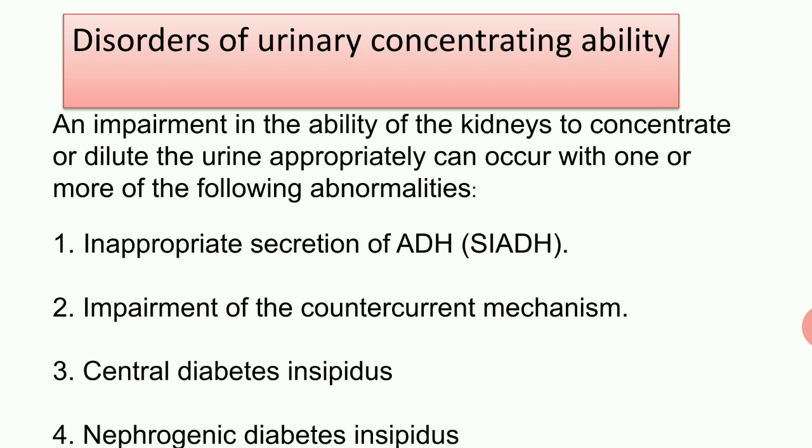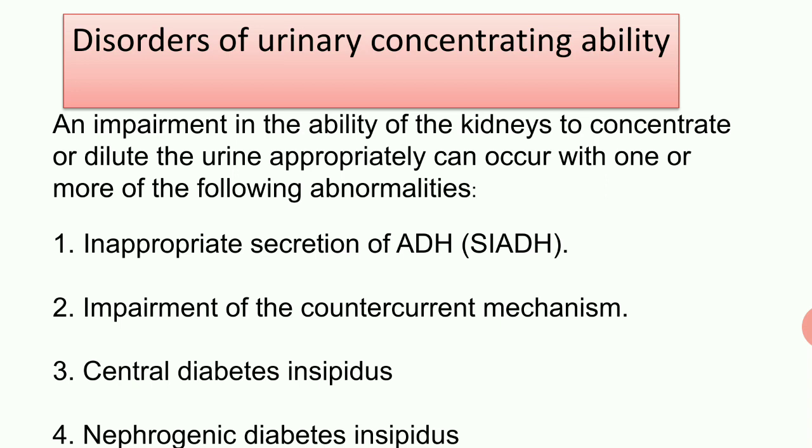Now coming to the applied aspects of this topic. If there is an abnormality in the urine concentrating or diluting mechanism, then our body's osmolarity will be hampered. So the first example is syndrome of inappropriate ADH secretion, SIADH.